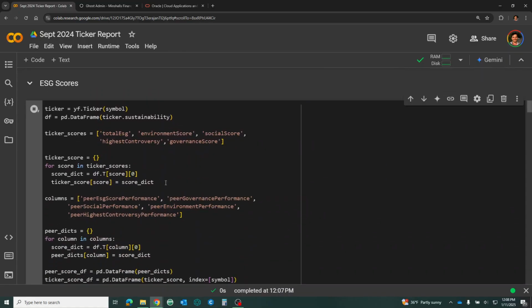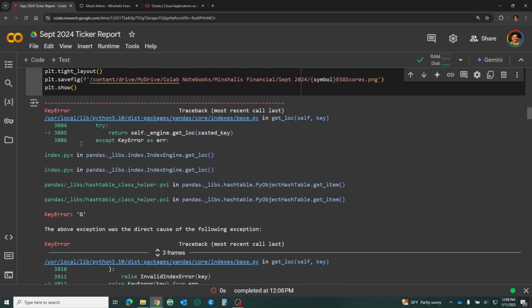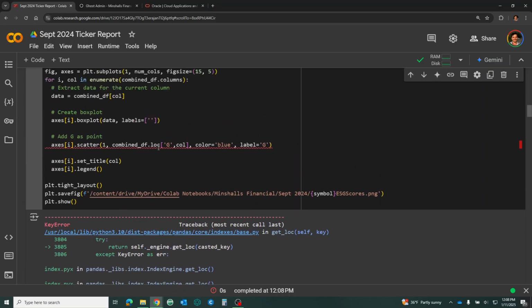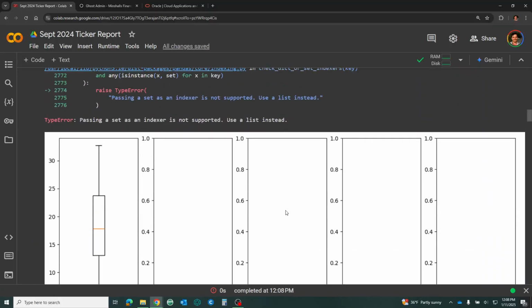ESG scores. It's totally up to you how you want to plot that. What's going on here? Keyword error. Don't want that. We want maybe symbol. Hey, wait a minute.